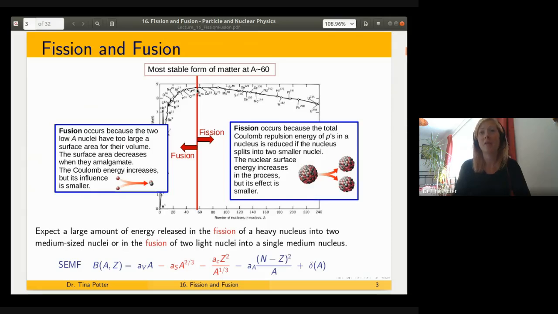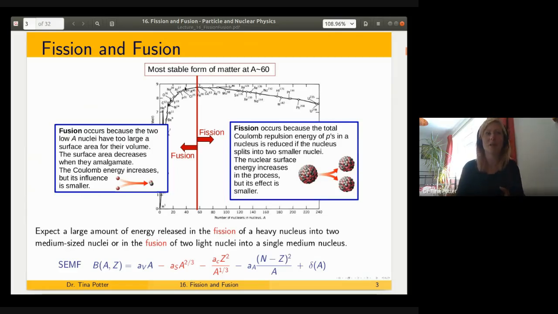Fission is more probable to the right of this, i.e. they're trying to split up into smaller nuclei to get to a higher binding energy per nucleon. To the left, fusion is more common, as smaller nuclei bind together to get to larger nuclei, which have a larger binding energy per nucleon. So it's really trying to maximize this binding energy. That's the important thing here.